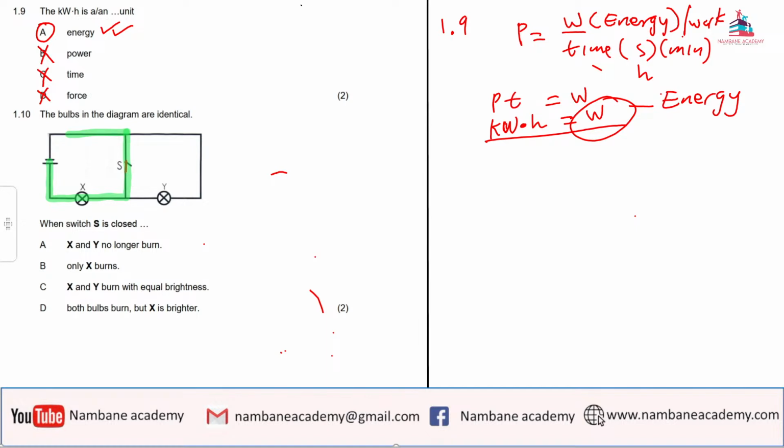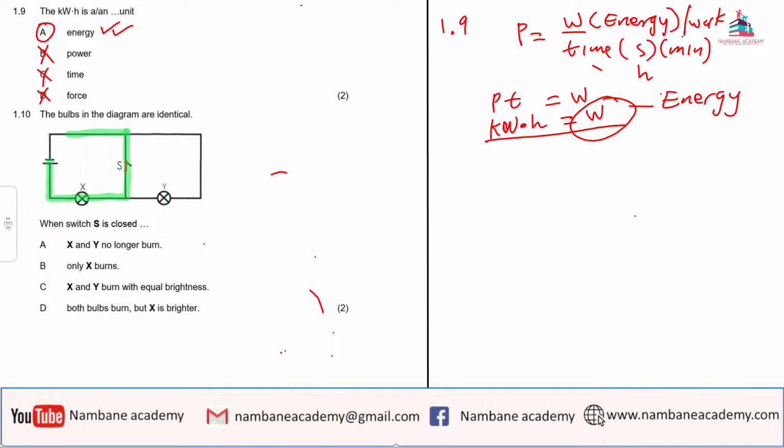X and Y no longer burn. Incorrect. We work now with the elimination method. We look for those two distractors which are completely incorrect. X and Y will no longer burn. Not true, because X will burn. The current is passing there. X and Y will burn with the same brightness.